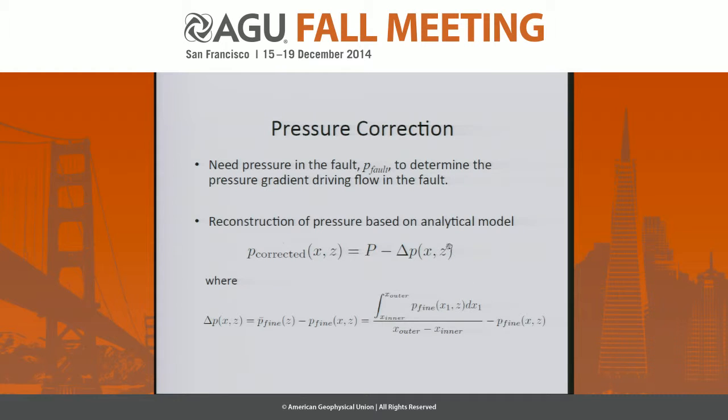So just to talk briefly about the reconstruction. So basically, this is the corrected pressure, and this big P is the core scale numerical pressure, and then you can derive the delta P using the analytical solution. And then using those two, you can get a corrected pressure term, which you can use to find the pressure at the fault.